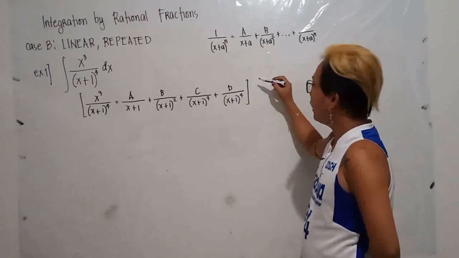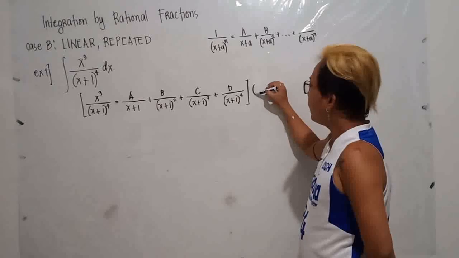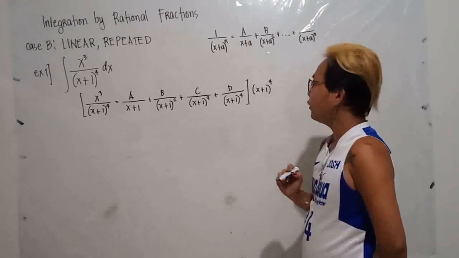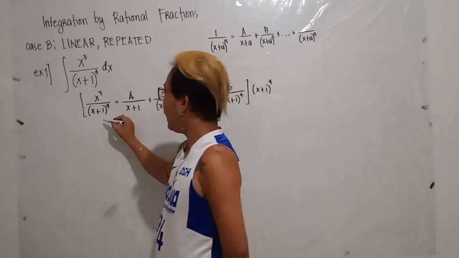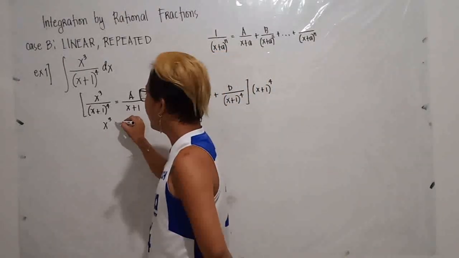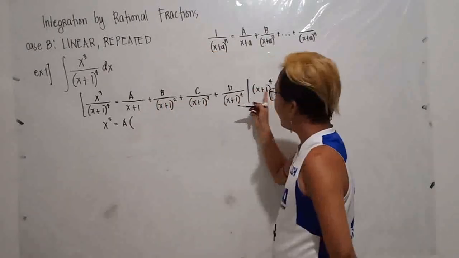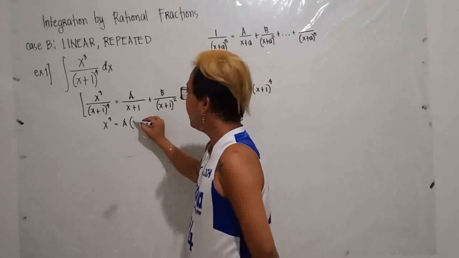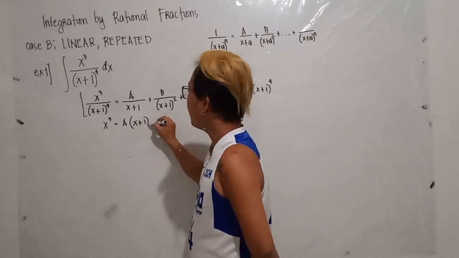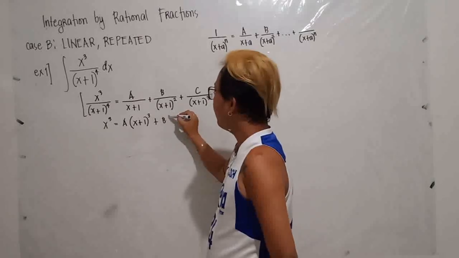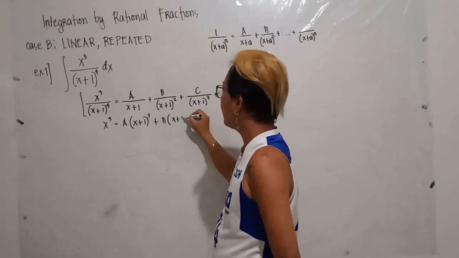Now, simplifying this equation, you will have to multiply this by x plus 1 raised to 4. So, ang mangyayari, you will now have x cubed, then A multiplied to, maka-cancel yung isang x plus 1. So, that will be x plus 1 cubed. Then, next is plus B multiplied to x plus 1.